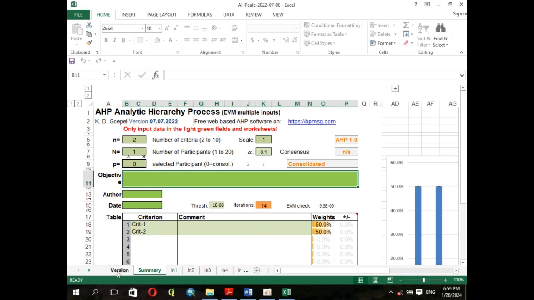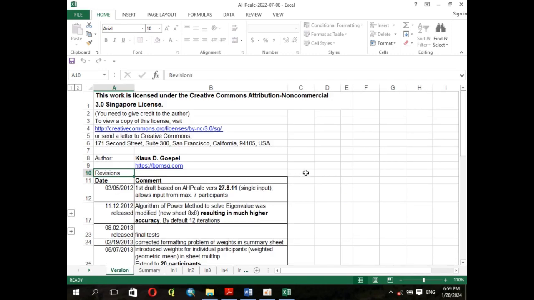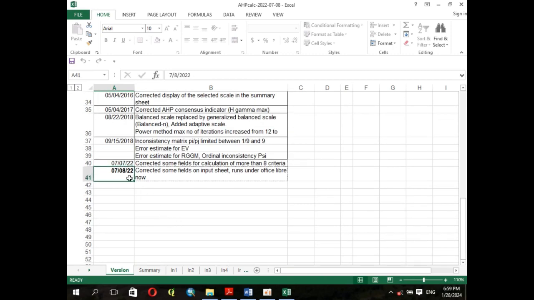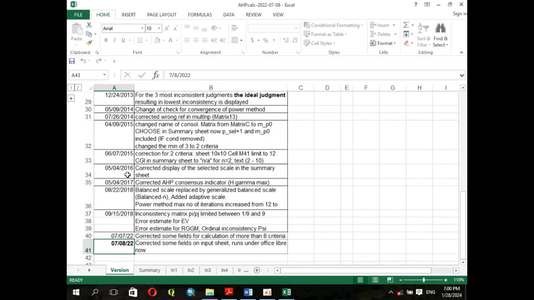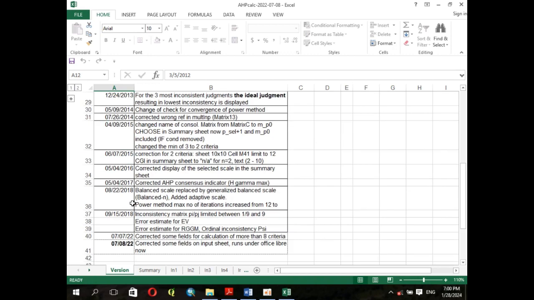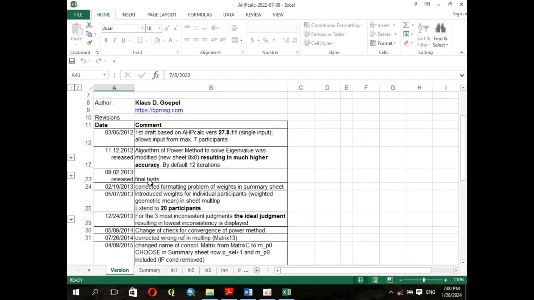Okay, from the start, here is a version. Yeah, this version is actually the 2022 version, and you can see it is revised multiple times from 2012 up to 2022. That means almost 10 years. Yeah, so a lot of modifications have been done in this Excel template.